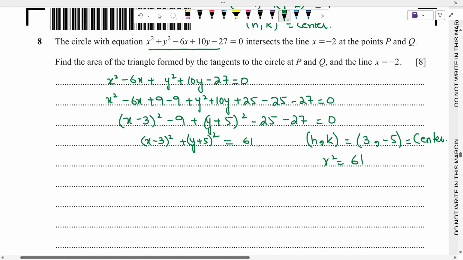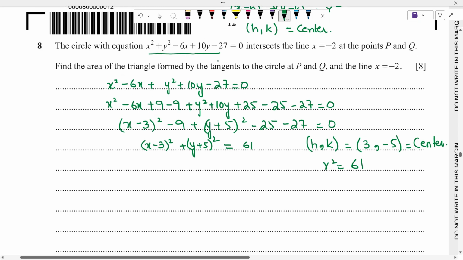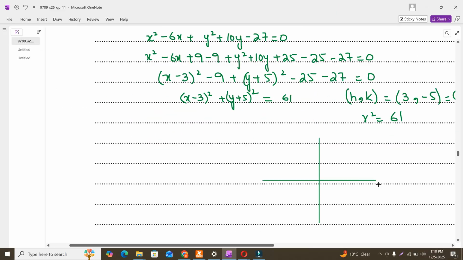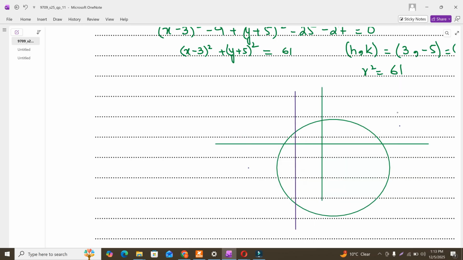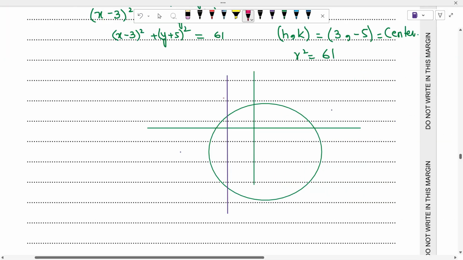Okay, so in this case, first we draw the scenario. Okay, this is the scenario.